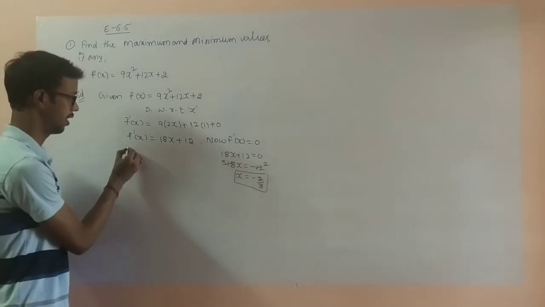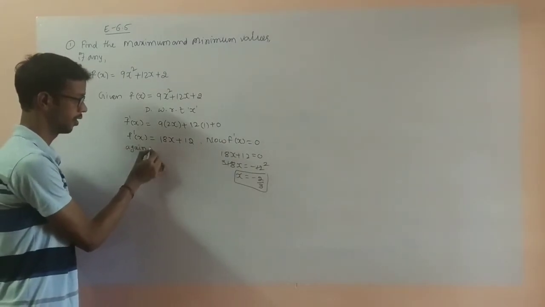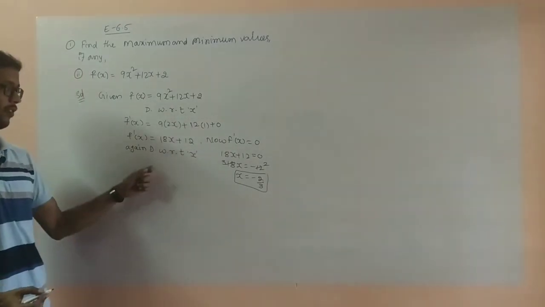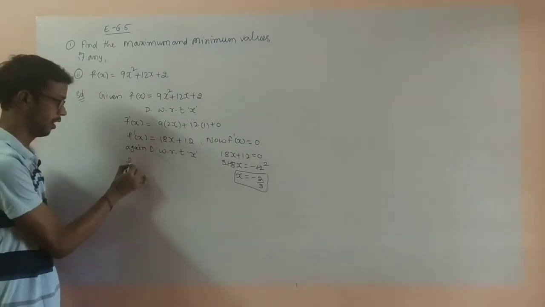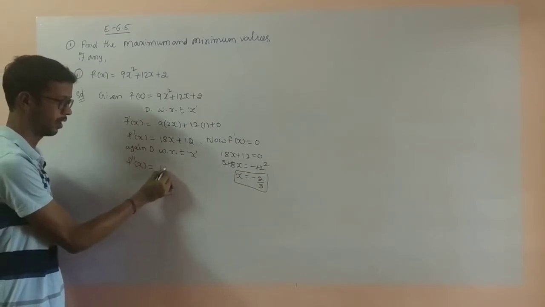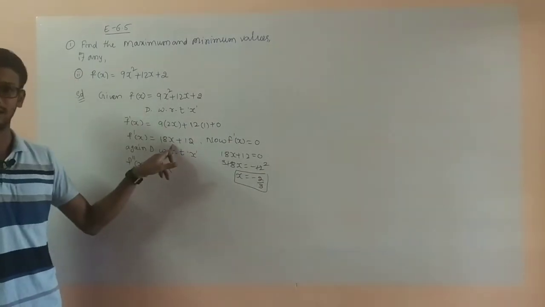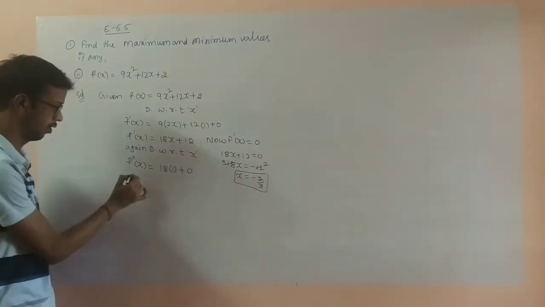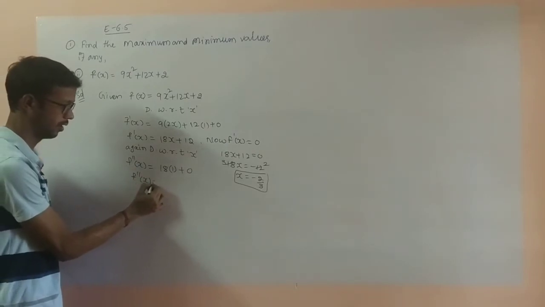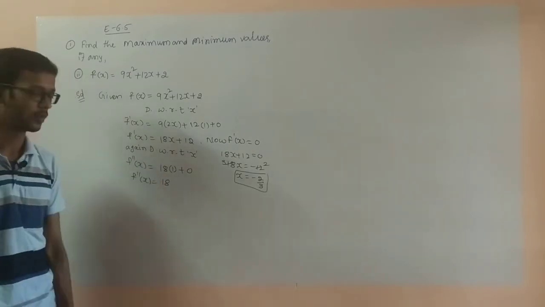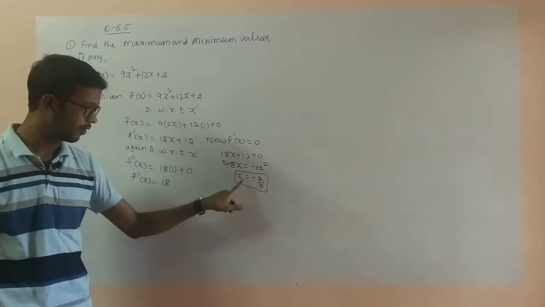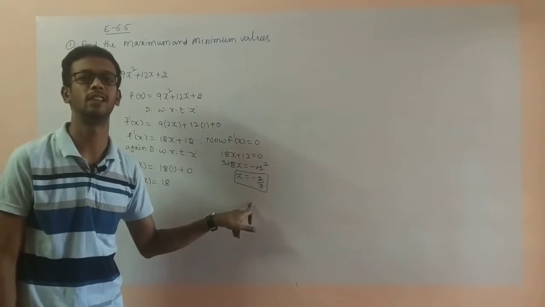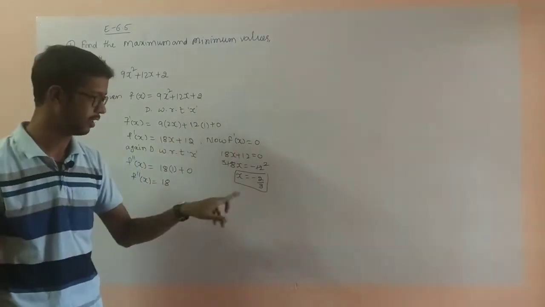Next, the second step: again differentiate with respect to x. f double dash of x is equal to 18 into derivative of x which is 1, plus derivative of 12 which is 0. f double dash of x is equal to 18. Just 18. Substitute the critical point, which is nothing but c; theoretically we took c.